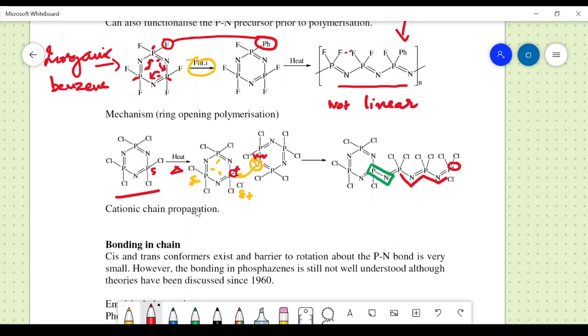So what can happen is, you can have another nitrogen which is in the ring, like this, P N like this. So again this may attack here, and this may again attack here. So you can get again the next PN bond there. The dimer is obtained, and then this is a process of propagation. Chain propagation.